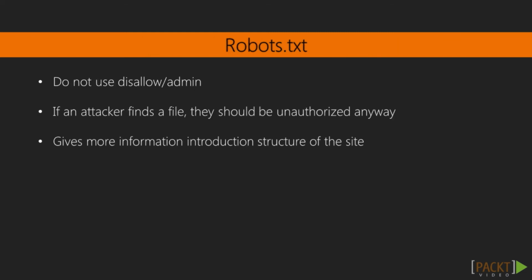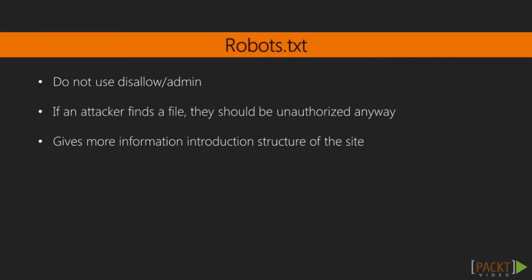Now, I want to talk about robots.txt because a lot of people use robots.txt to disallow the admin folder, and I actually disagree with this. I think if an attacker finds an admin page, they should be unauthorized anyway. Disallowing it in robots gives them one step further into finding a vulnerability, and they've found some information.